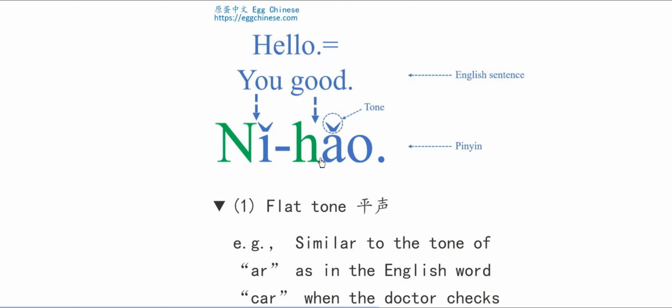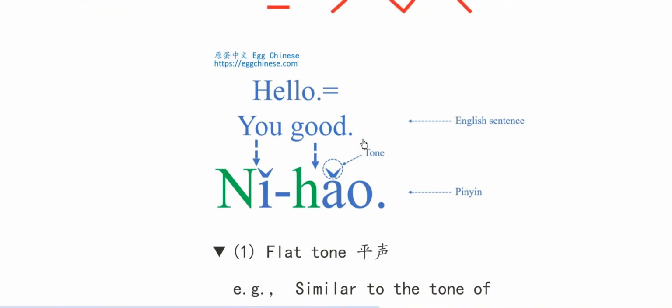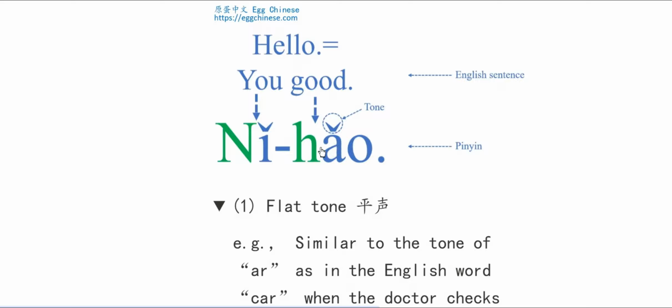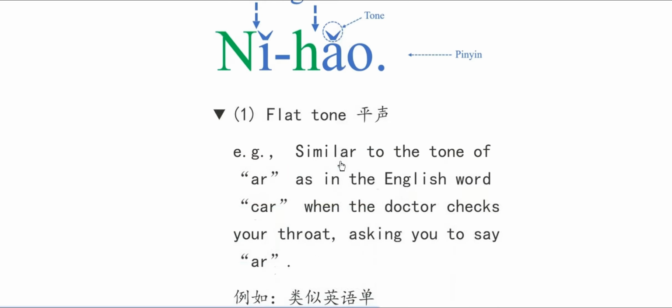So before it's hao, after tone, hǎo. So these are different tones. So the tone is always above the vowel or the vowel combination of pinyin. So this is the tone.